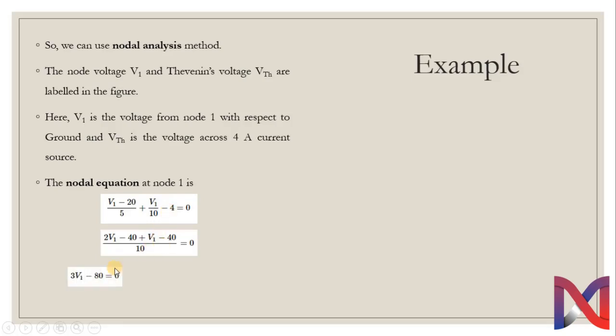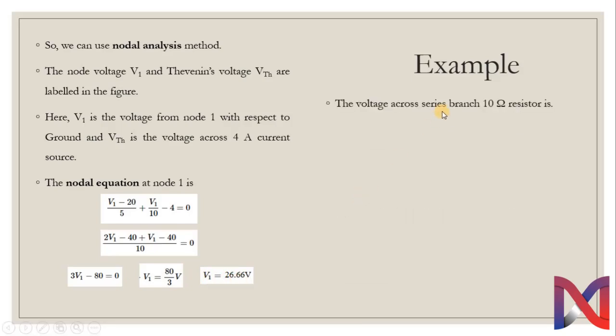After simplification we get 3V1 minus 80 equal to 0. This can also be written as V1 equal to 80 by 3 volts. So we get V1 equal to 26.66 volt.